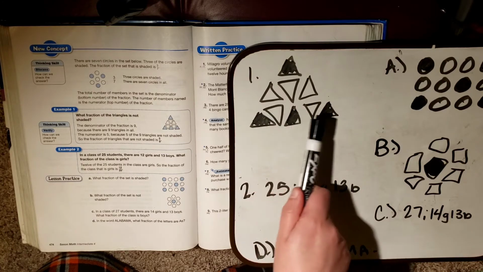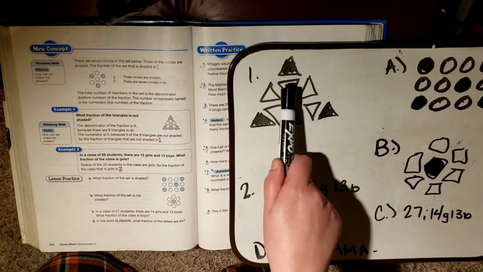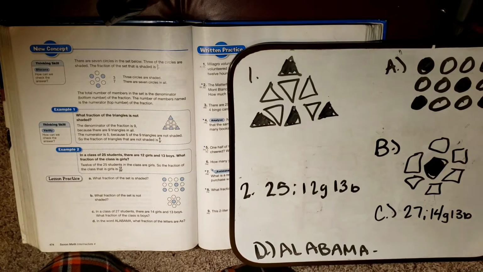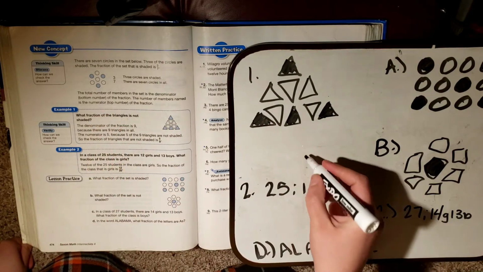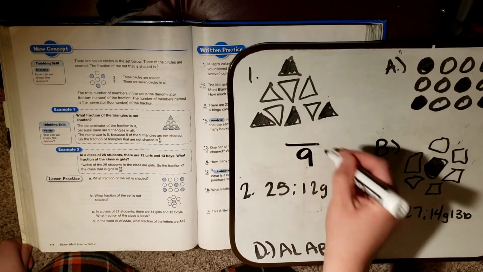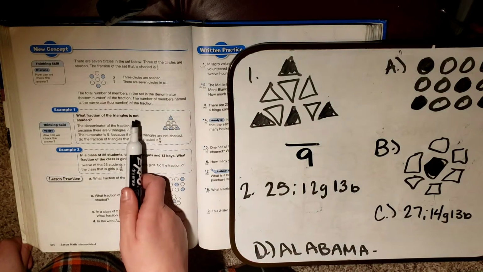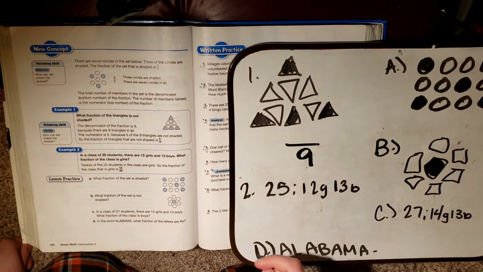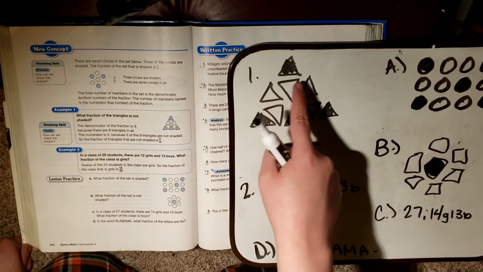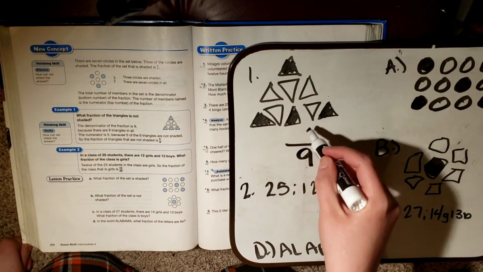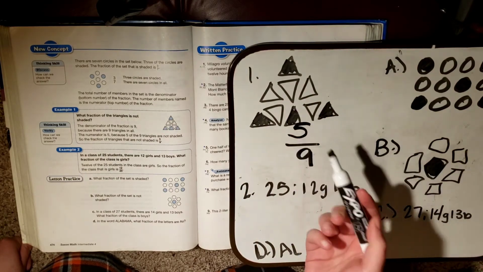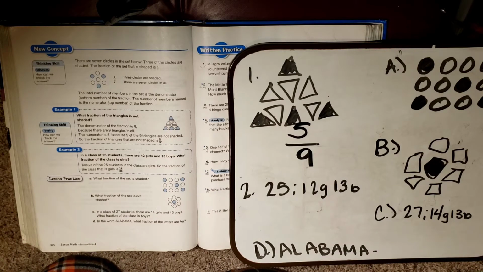We have 1, 2, 3, 4, 5, 6, 7, 8, 9. So that is our denominator, goes on the bottom. And it says how many are not shaded. So we count the ones that are not shaded. 1, 2, 3, 4, 5 are not shaded. So 5/9 are not shaded.